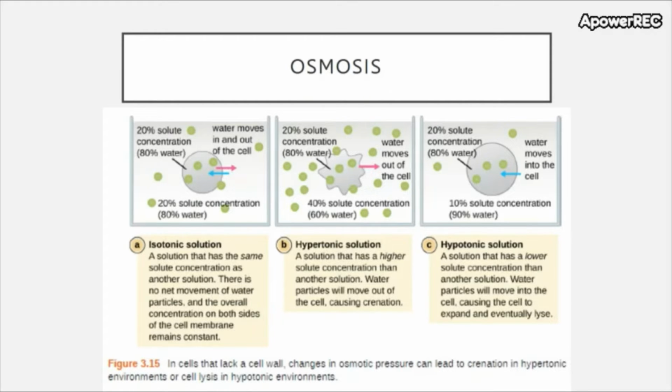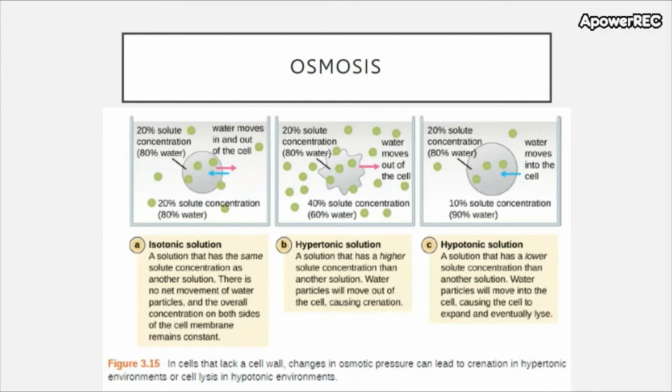So which way do you think that the water will move? If you guessed that the water would move out of the cell, you would be correct. The water wants to move outside of the cell so that the concentration of the water is equal inside and outside. By moving out, you decrease the number of water molecules inside of the cell and increase it outside of the cell until they come into what is known as homeostasis, or until the solution becomes isotonic again.